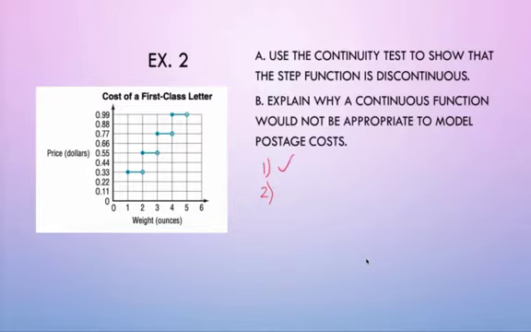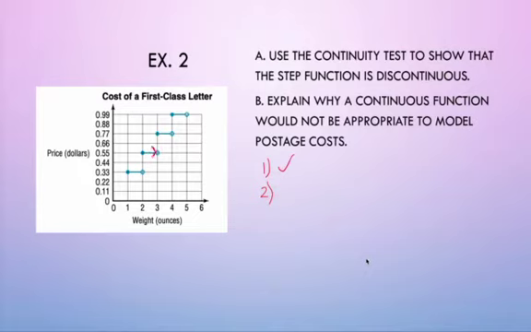Step 2: does the limit as we approach a point from the left-hand side equal approaching it from the right-hand side? And we need to show that that's true for all points.